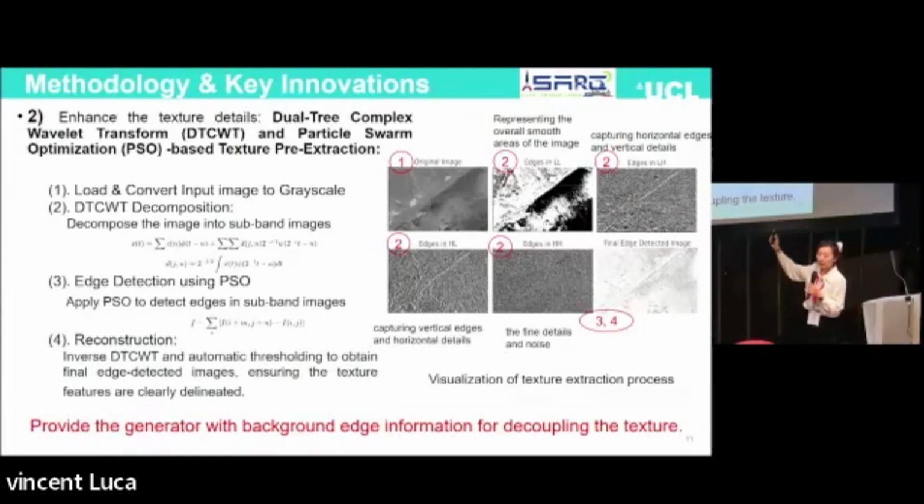In this process, we can get the fine details and noise in the images. Afterwards, we get the fine edge detection images. That's the process for the second innovation, and in this part we can decouple the texture.